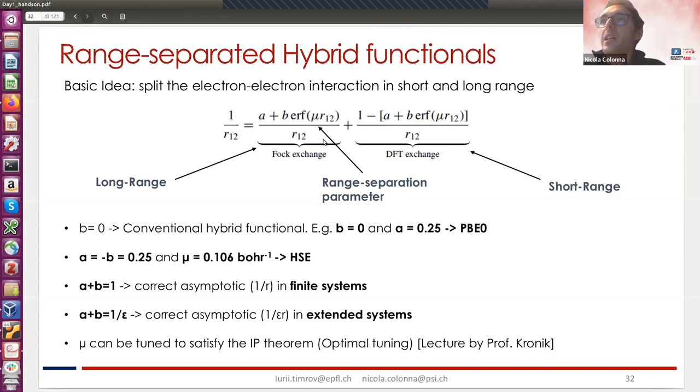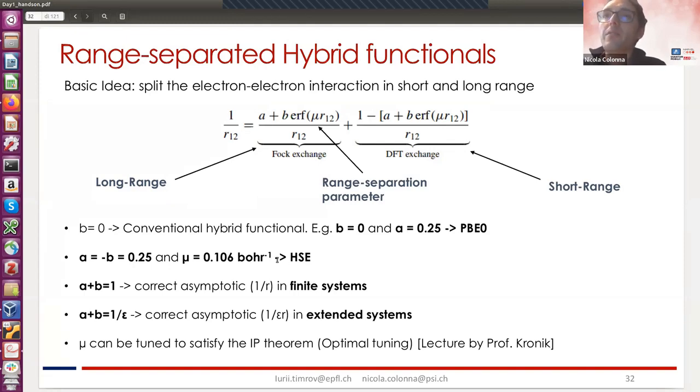But this is a very general form, and you can recover what we already know. For instance, if you set b equal to 0, you go back to the conventional hybrids. In particular, if you also set a equal to 1/4, you go back to PBE0. So you have no range separation, and you are back to the PBE0 functional. Another very famous and widely used hybrid functional is the HSE functional.